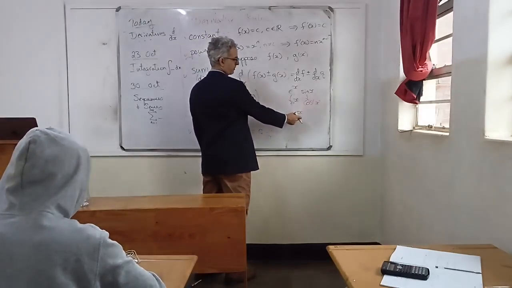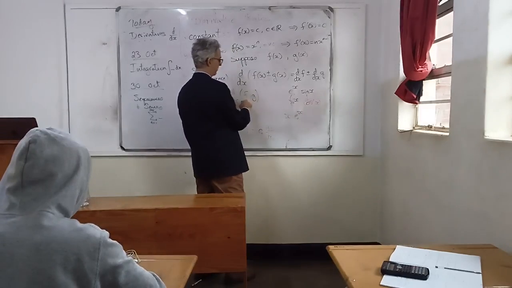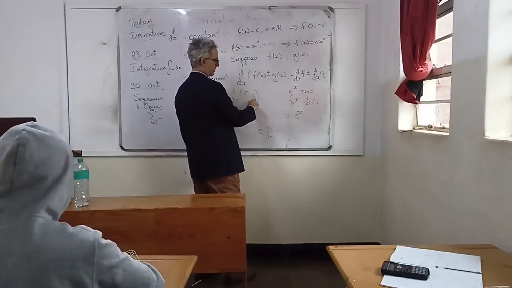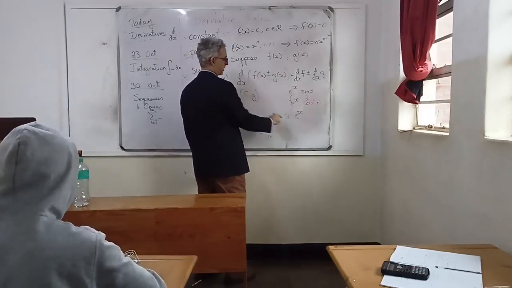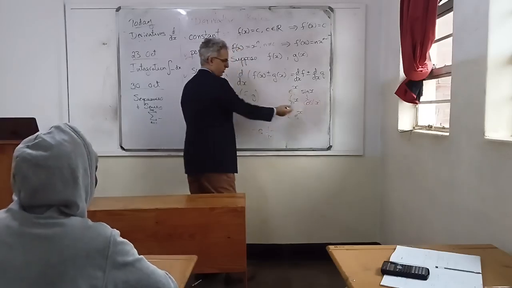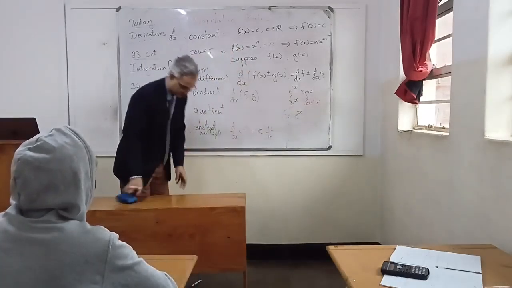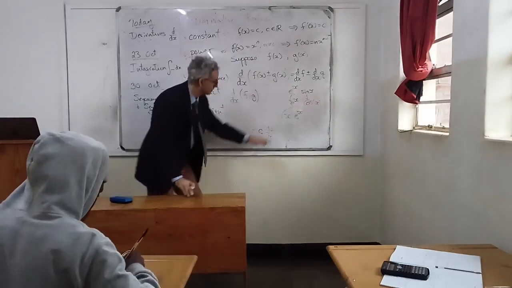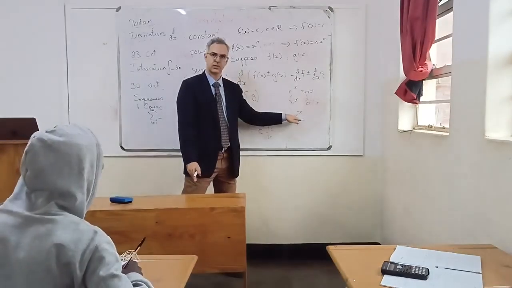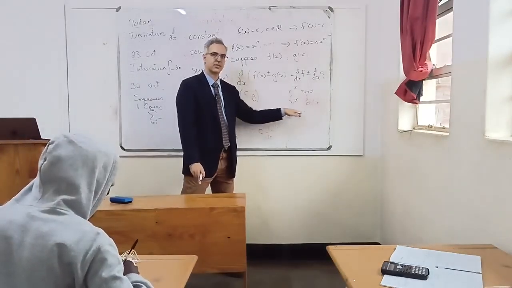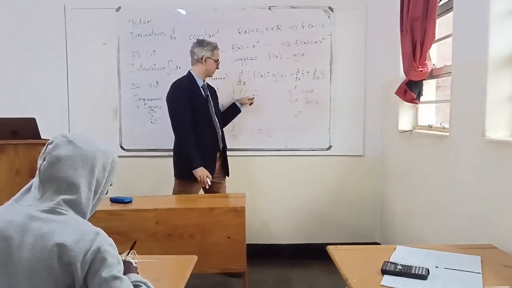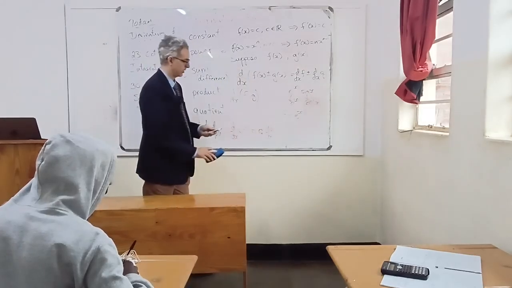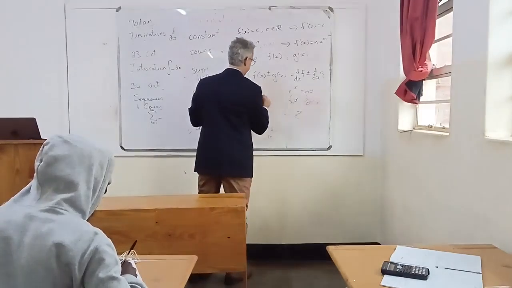I know the derivative of e to the x. I know the derivative of this. I know the derivative of this. I don't know the derivative of the combination. I don't know what is the derivative of this thing. But I know each of them separately. So how can I combine the separate ones to find this?